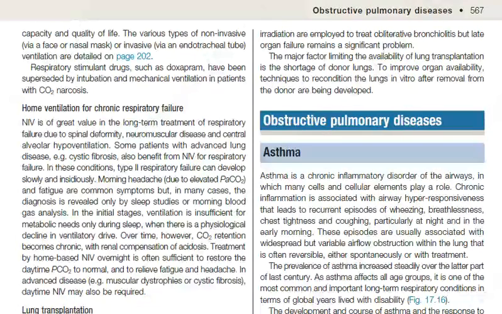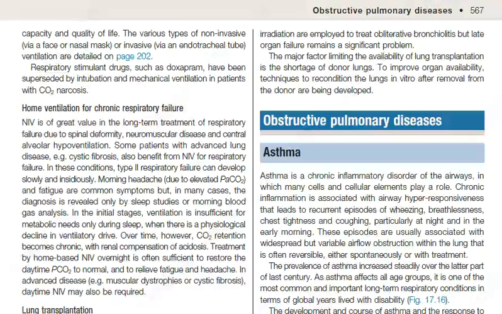In these conditions, type 2 respiratory failure can develop slowly and insidiously. Morning headache due to elevated partial pressure of arterial carbon dioxide and fatigue are common symptoms, but in many cases the diagnosis is revealed only by sleep studies or morning blood gas analysis.